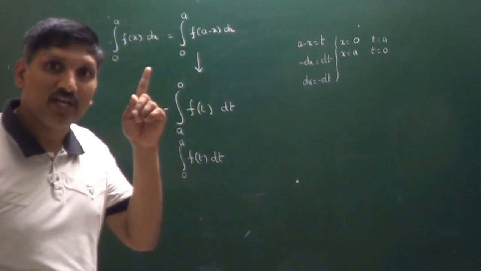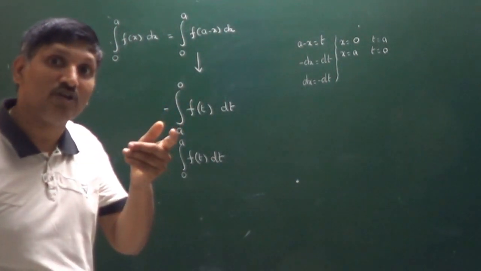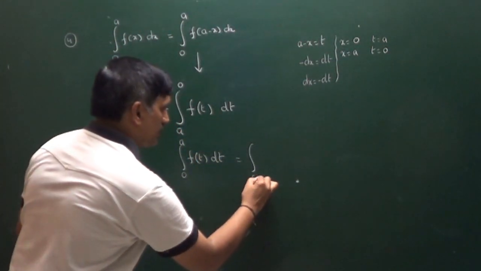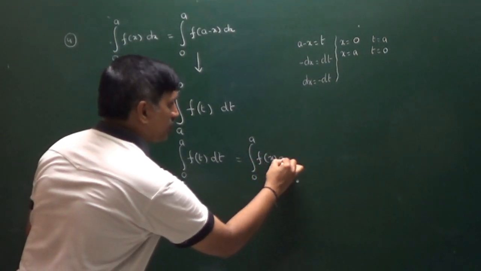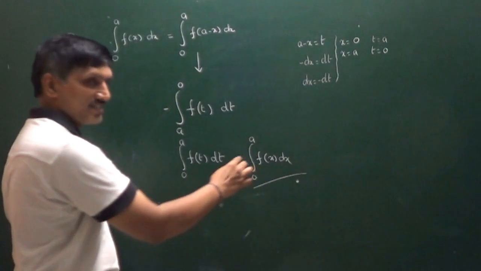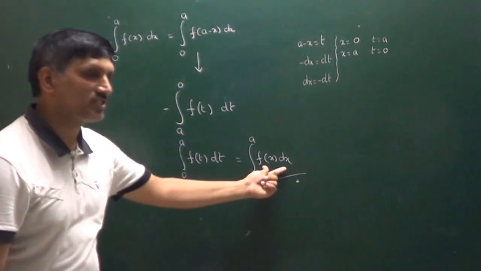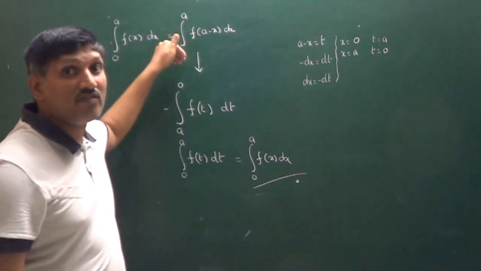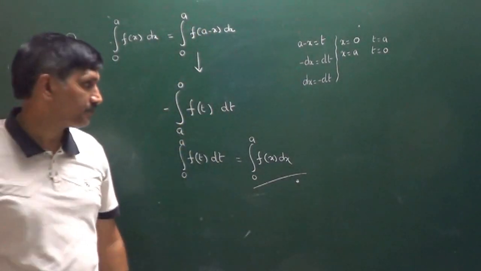Definite integral is independent of change of variable. So in place of t we can write another variable, x. So integral 0 to a f of x dx is the same as integral 0 to a f of a minus x dx. Very important property.